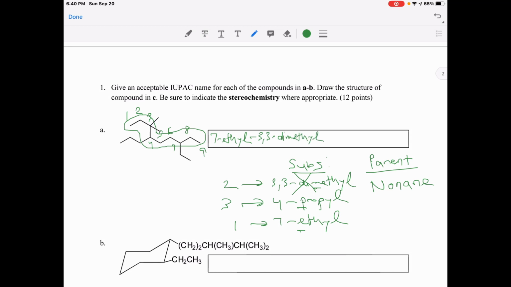Last, we also have the 4-propyl. And then the parent, nonane. So we get our final answer, 7-ethyl-3,3-dimethyl-4-propylnonane.